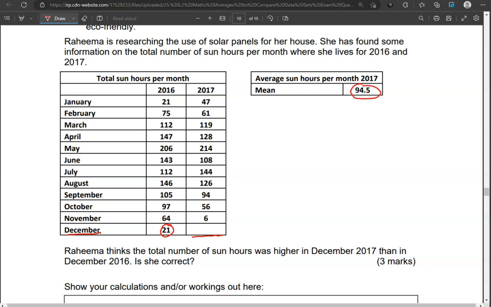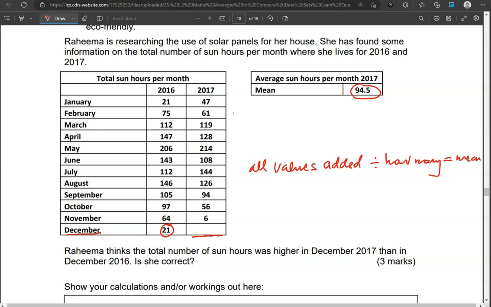So we know that we work out the mean by adding all the different values and dividing by how many there are. And that gives us the mean.